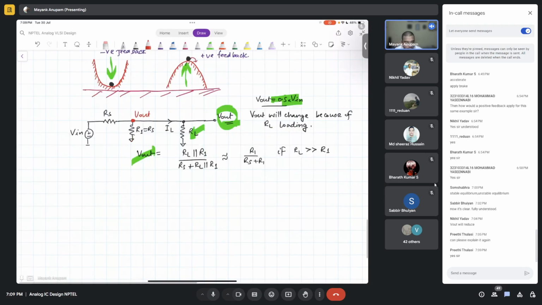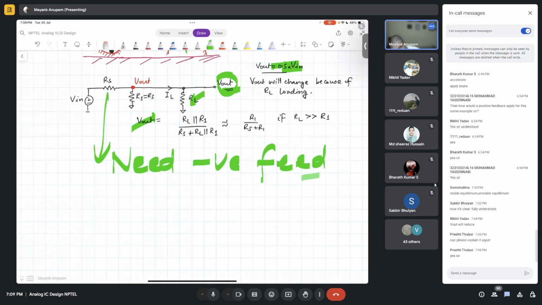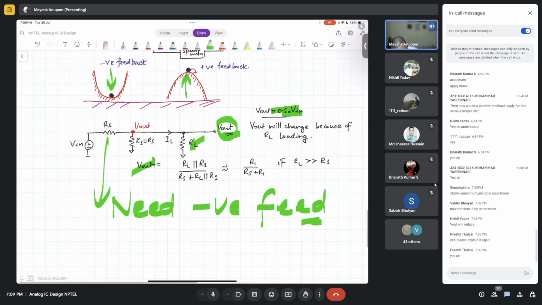That is the whole point. You definitely need negative feedback here, isn't it? You need negative feedback in this case because the load can be anything.